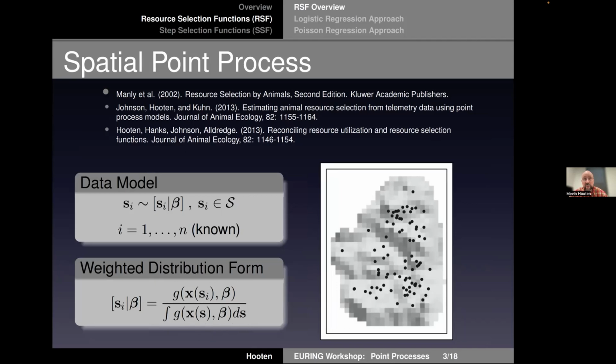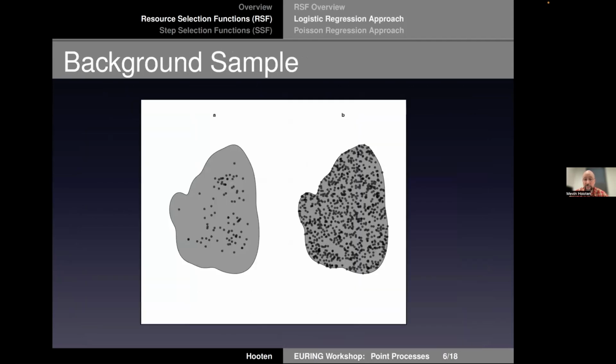The cool thing is the logistic regression approach can be shown, and there's a couple good papers on this, one by Garrett Artz and one by David Wharton, that show that these things converge when you have these logistic regression implementations under cases where the sample size for the background sample increases.